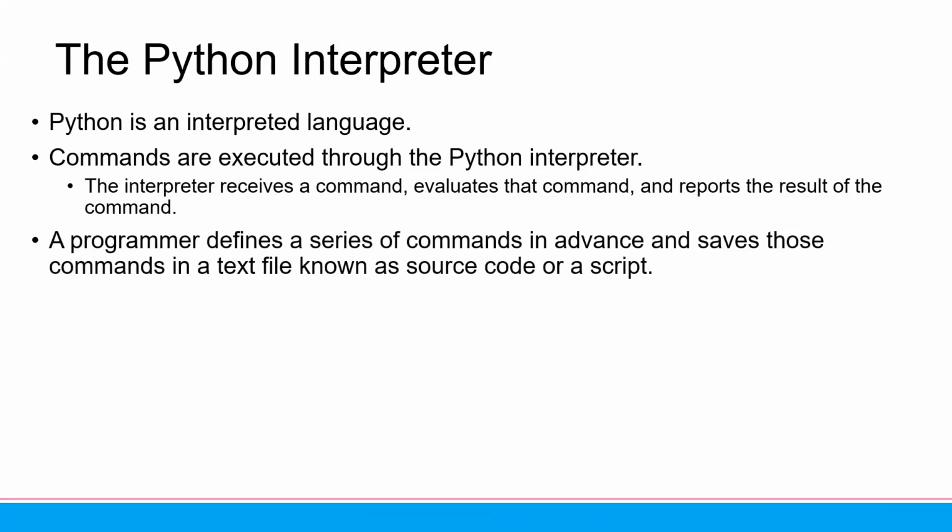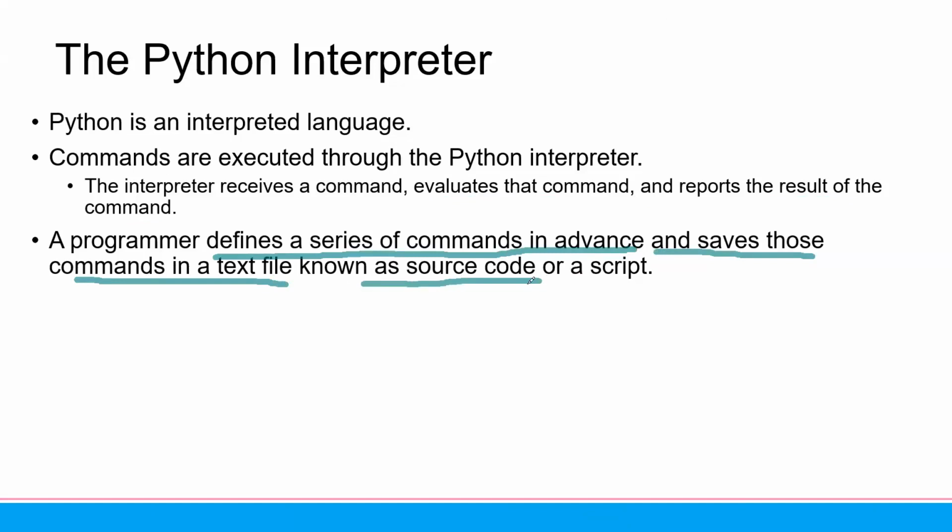You are now a programmer. And when you are a programmer, you need to define a series of commands in advance and save those commands in a text file. When you save your commands in the text file, it is the source code.